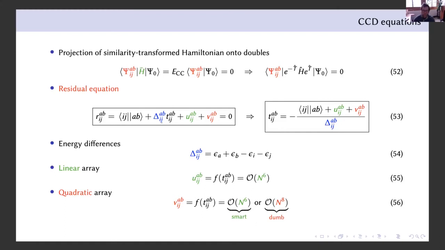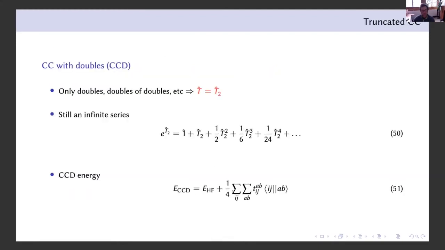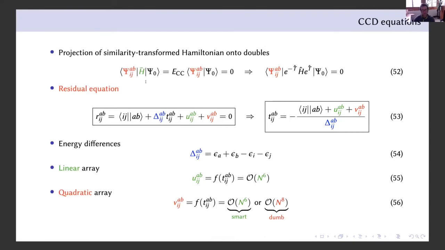Remember that I found the expression of the energy by projecting the Schrödinger equation onto psi 0. Similarly, to derive the expression for the amplitudes, I'm going to project that similarity-transformed Schrödinger equation onto the double excitations, IJAB.